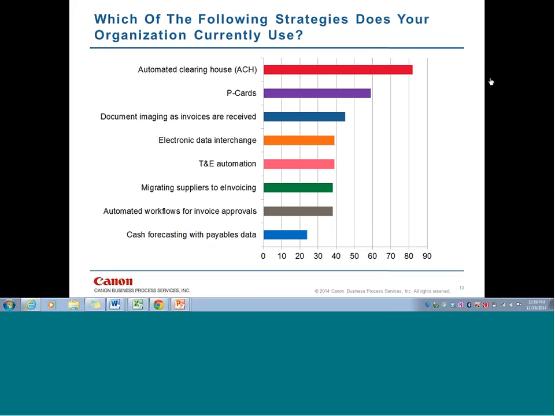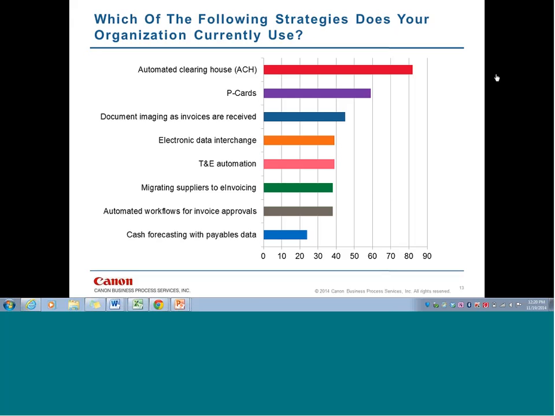The next question, question 7 in the survey, we asked, which of the following strategies does your organization currently use to drive efficiency, to improve productivity, to reach that high-performance AP level. The number one choice they responded to was automated clearinghouse, again dealing with the payment process, and P-cards following that, which again deals with the payment process.